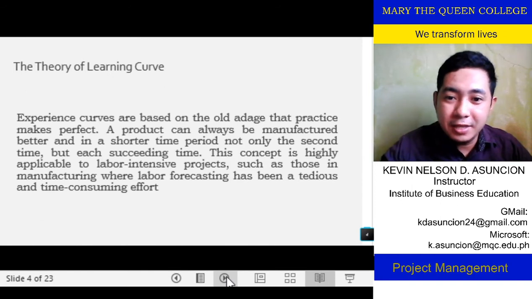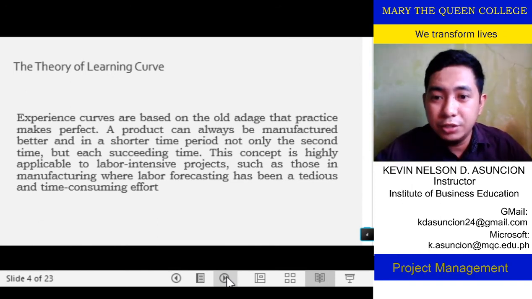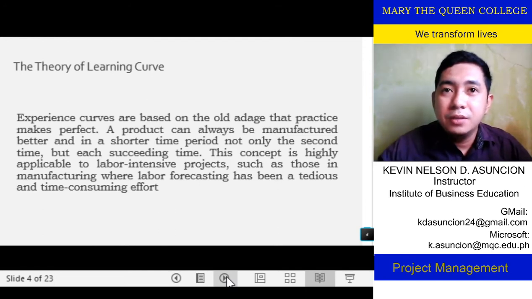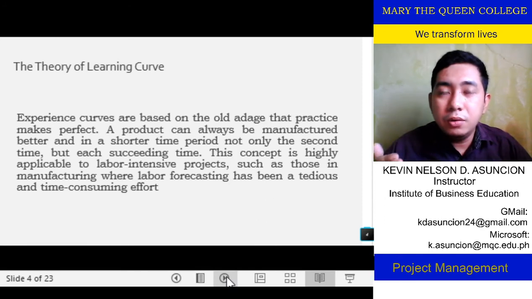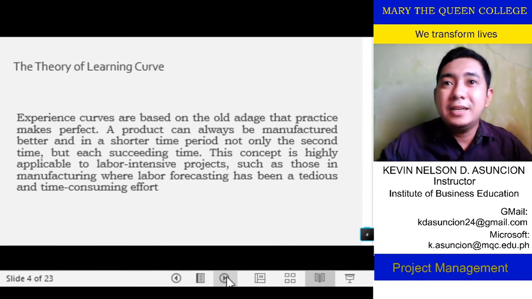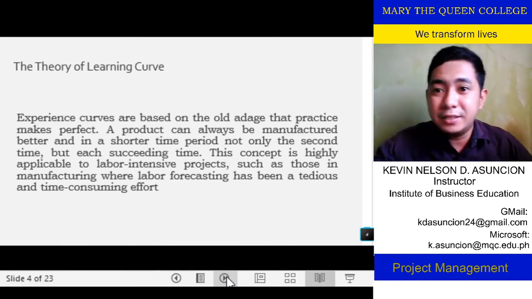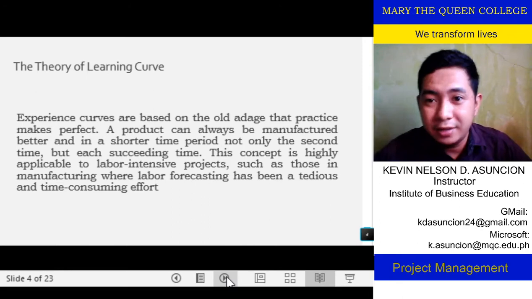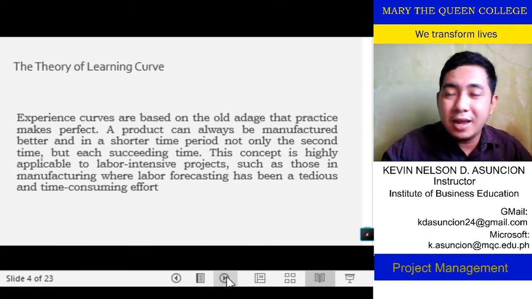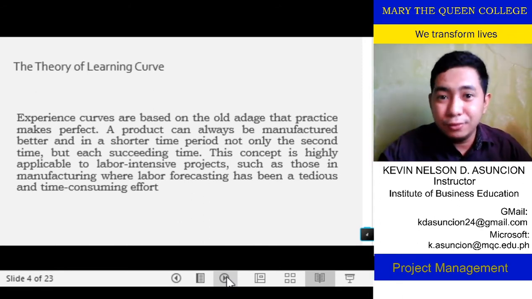So that's the idea. So, na-experience mo, natututo ka, and you get to adjust with it. Okay? So, ang sabi nga nila, nung una kasi hindi mo pa naiintindihan, kaya nga ayaw mo. Pero habang natututo ka, habang tumatagal, mas natututo ka at naiintindihan mo siya. Soon na nalalaman mo at nagugustuhan mo.